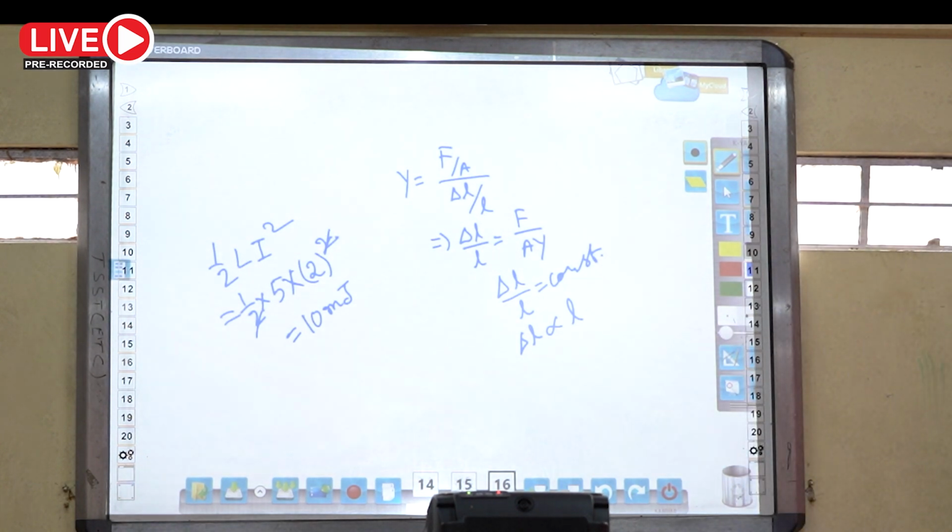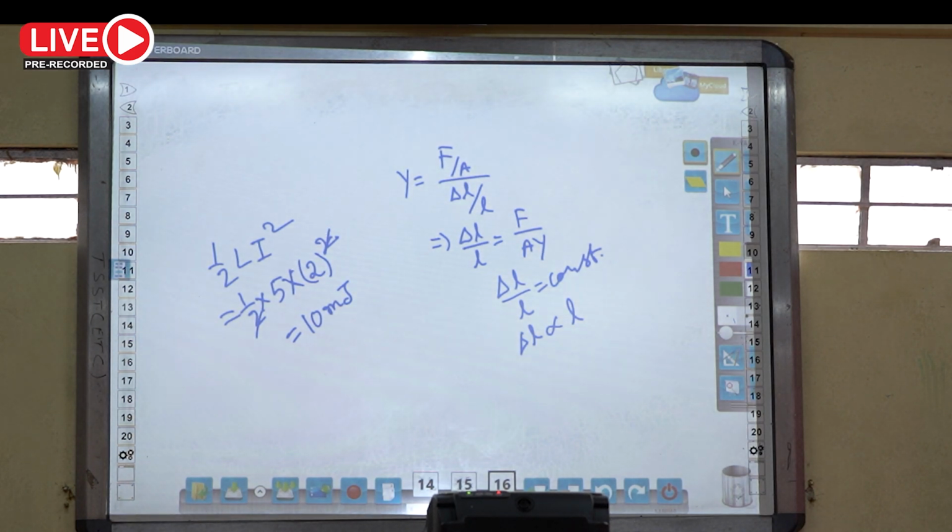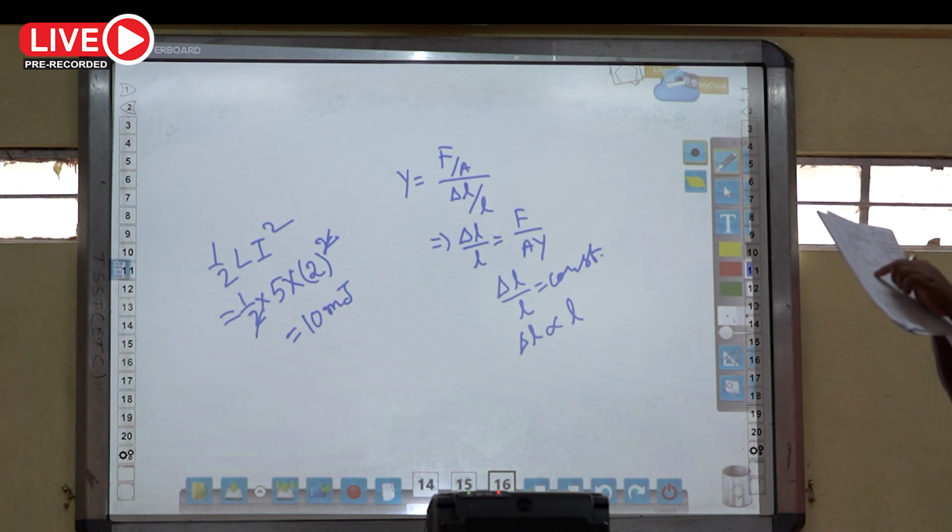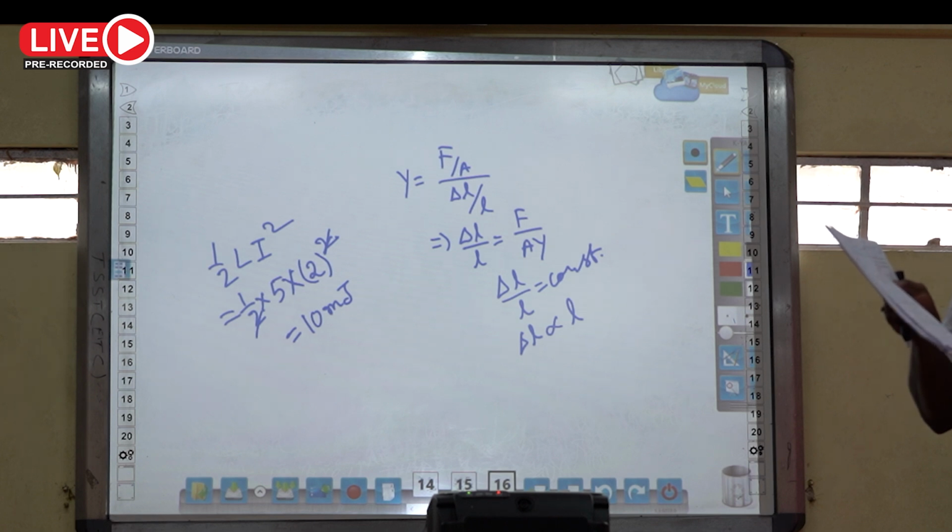Next one. See, I1 and I2, the two close parts, they are carrying current in the same direction, so they will attract each other.